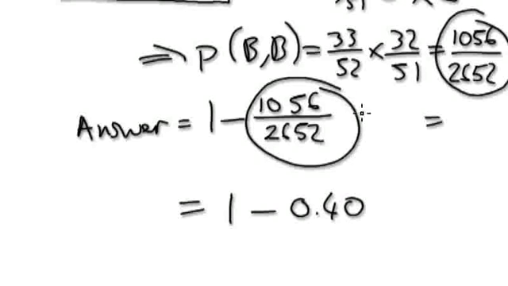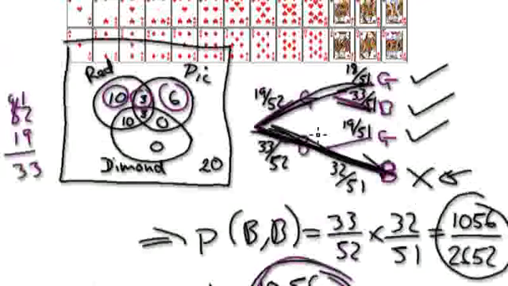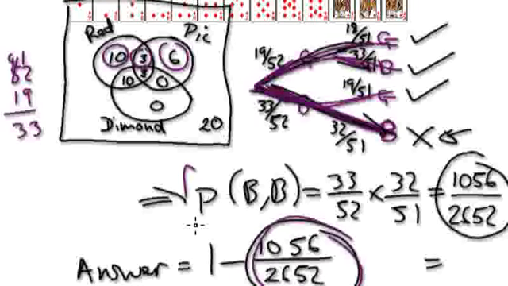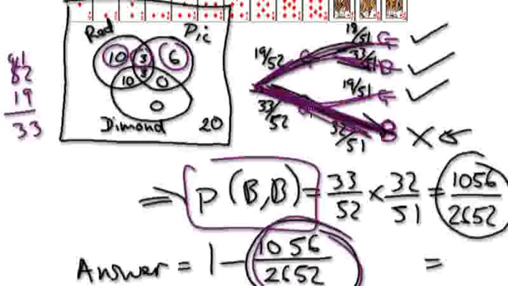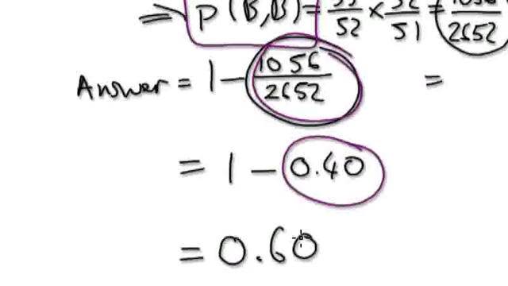So this fraction here is this. What I'm trying to do is, rather than adding 3 branches together, I'm just going to work out this branch here, and then get 1 take away this branch, which is what I'm doing. 1 take away that would be 0.60.